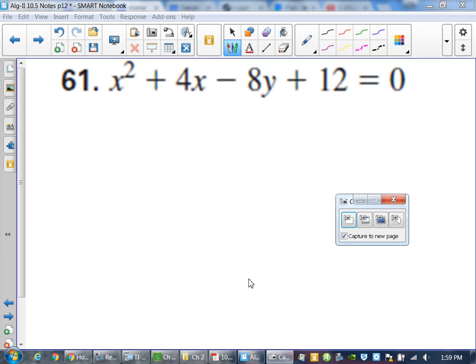Why? There's only one thing that's squared. Next, since there's only one thing squared and it's an x squared, you also know the direction. It's either going to be up or down.